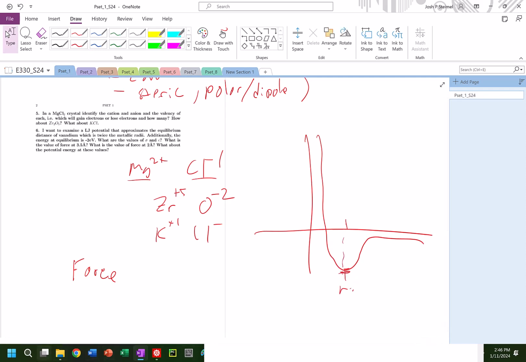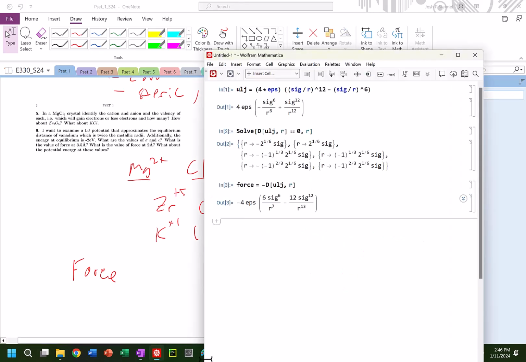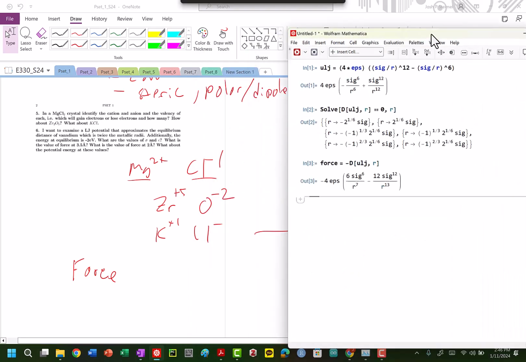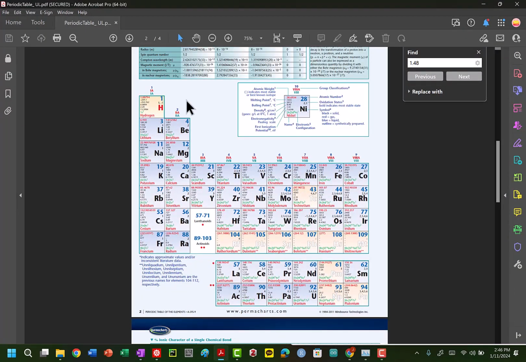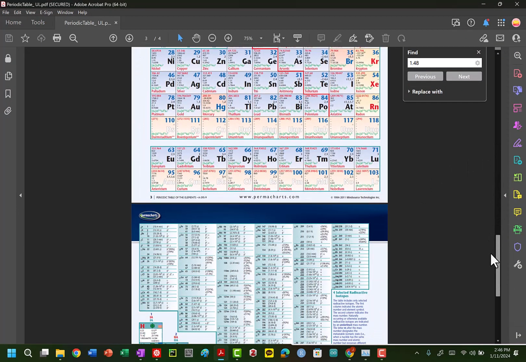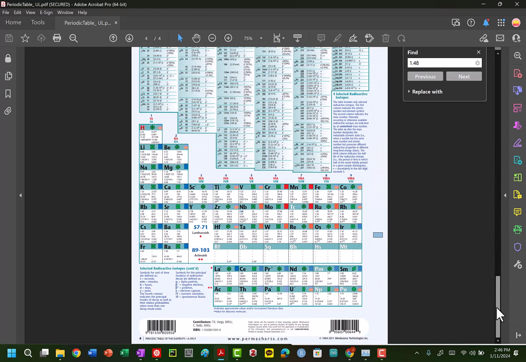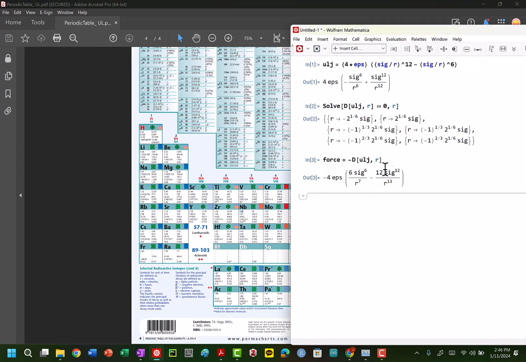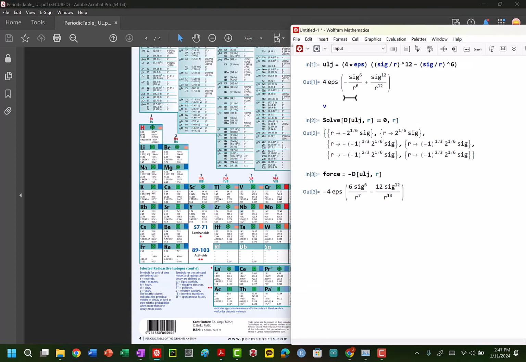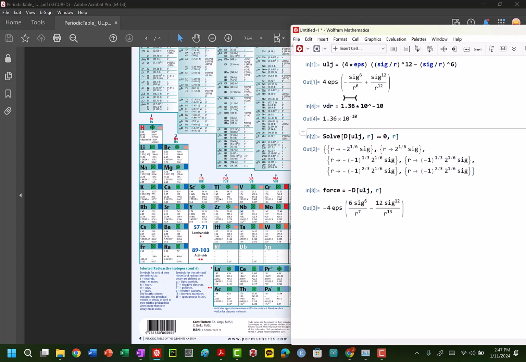If we're looking to approximate this as vanadium, which is what the project statement tells us, I need to look at vanadium and its metallic radius. Vanadium is a metal. It has a metallic radius of 1.36 angstroms. So I'm going to say VDR radius equals 1.36 times 10 to the minus 10 meters, because that's angstroms.